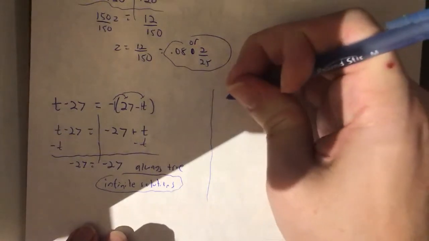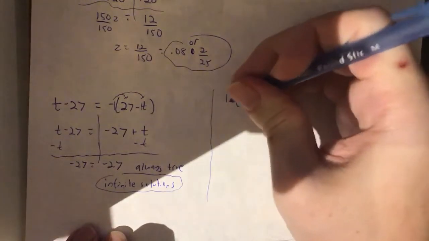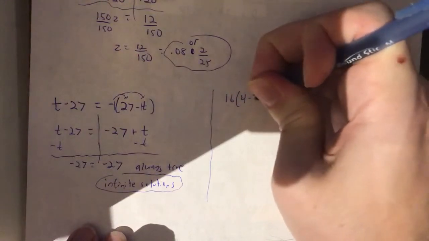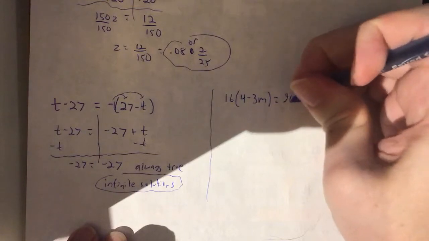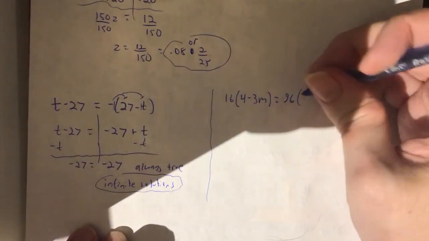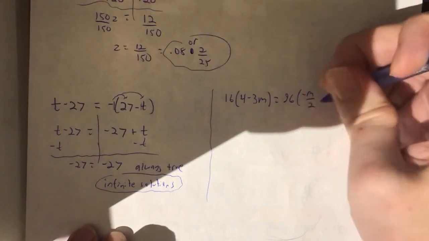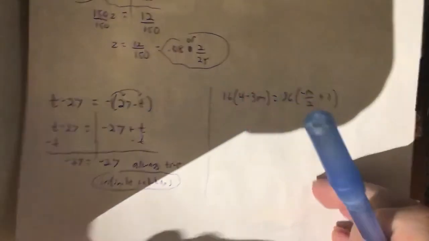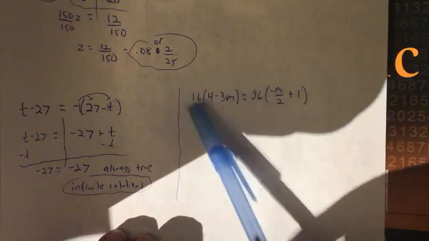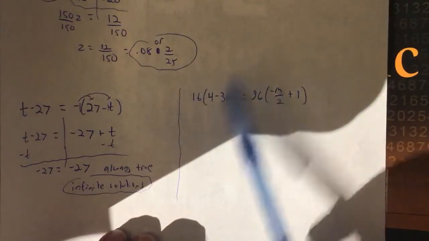So 16 parentheses 4 minus 3m equals 96 parentheses negative m over 2 plus 1. So now I'm going to solve. I'm going to clear the parentheses first.